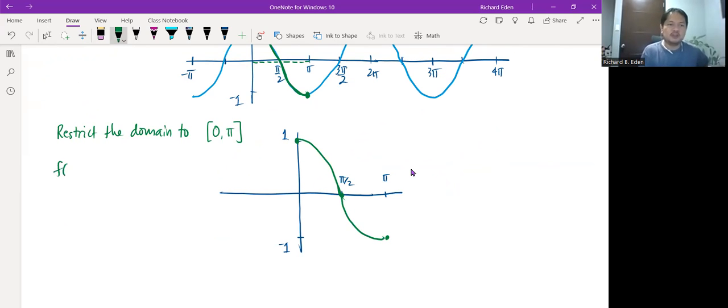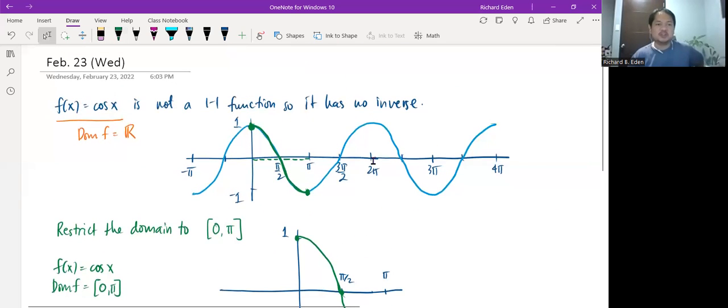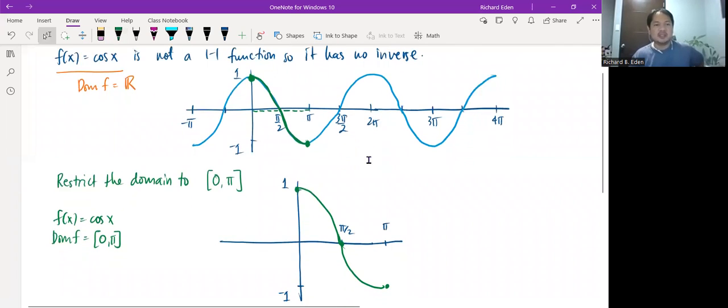So the function f equal to cosine of x, well, for which we consider the following domain. Domain of f is the interval from 0 to pi, okay, whose graph is what's shown. So ano pinagkaiba nito doon sa function sa taas? The domain is the set of all real numbers, but this time we're only considering 0 to pi, which means the graph is only this particular green portion.